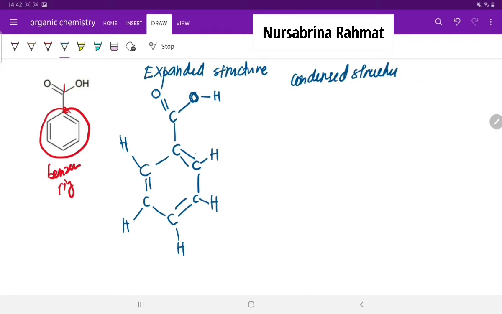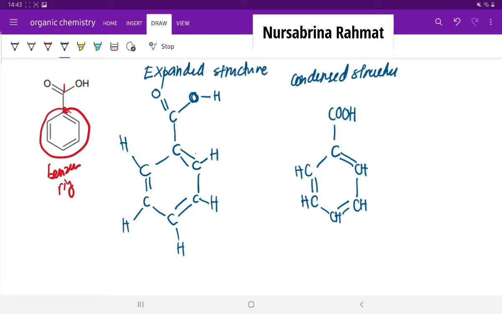So we have here COOH, and then here I have CH, CH, and this one CH as well, CH and CH. Please make sure you have completed all the bonds that are present. So that is for your first compound.